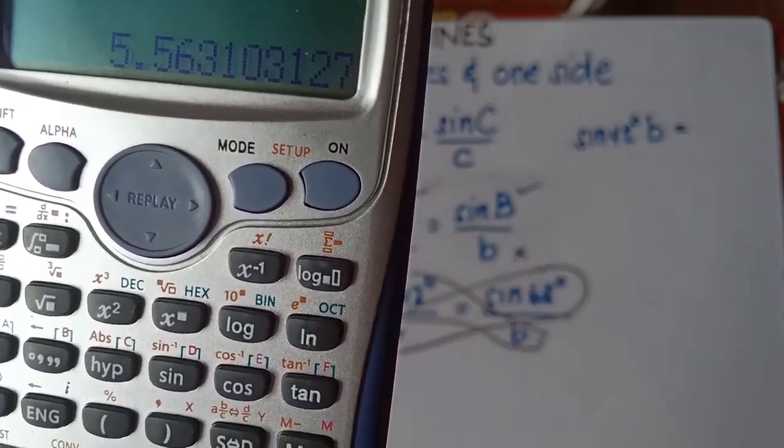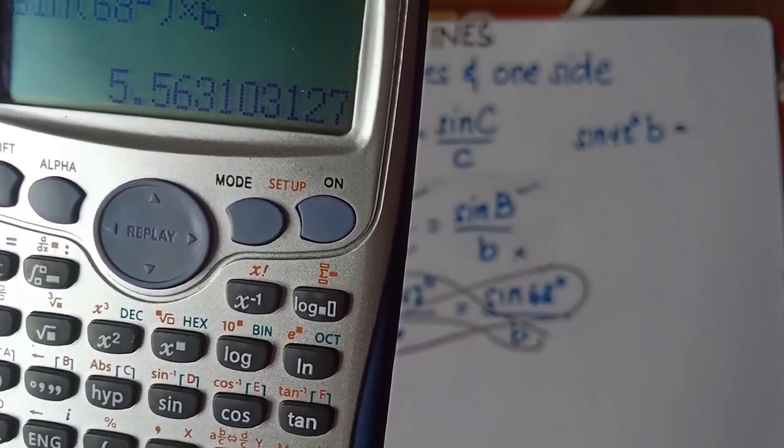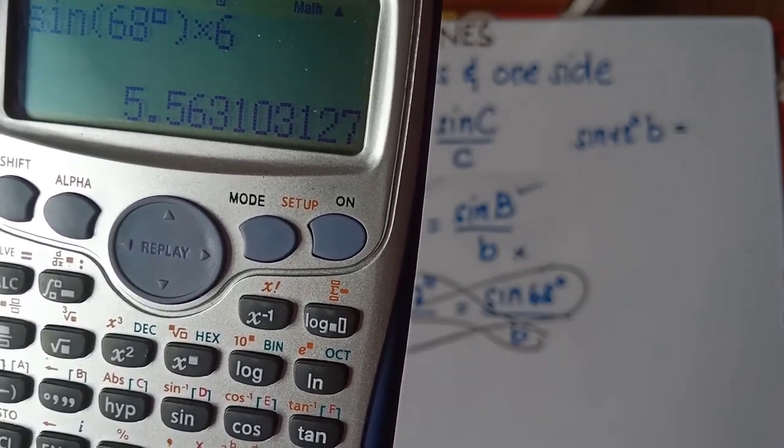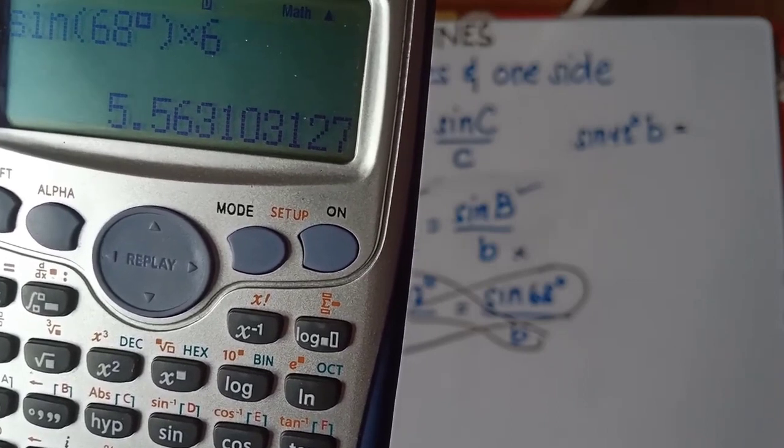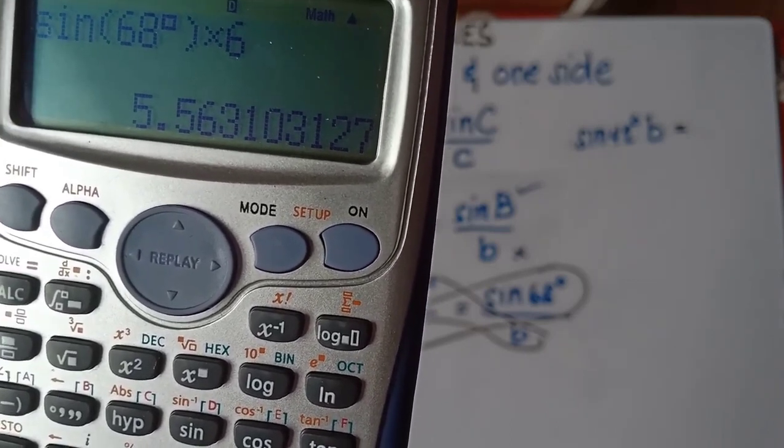Do not forget, class, most of the books will have 4 digits unless it is the final answer. So since this is not yet the final answer, we need to have 4 decimal places.